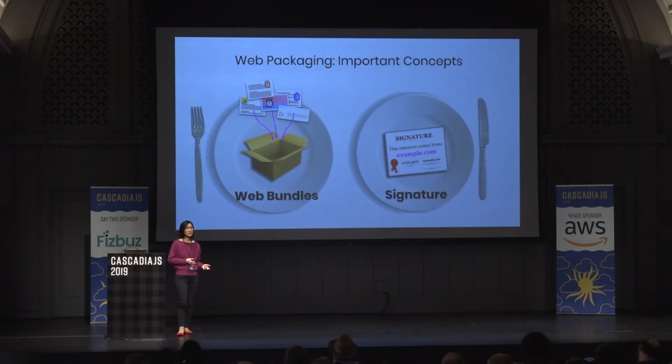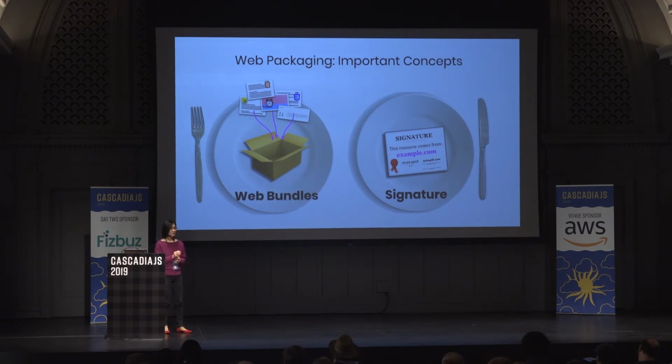Web bundles are basically a format that can represent multiple HTTP resources. Today, a typical web page consists of multiple resources, as you know, like HTML, images, CSS, JavaScript, and fonts. And web bundles can represent everything in a single resource.